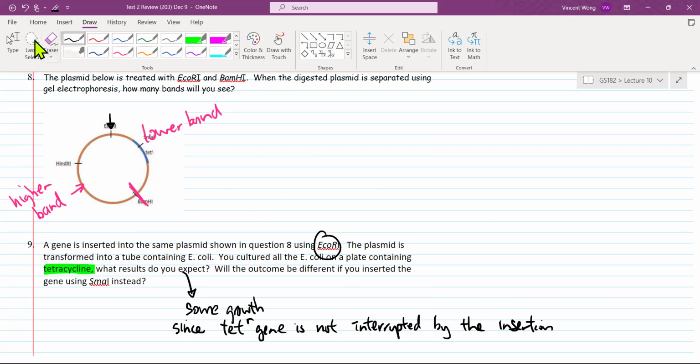However, if you use SmaI, which is right here, that's the restriction enzyme site, what's going to happen? Well, it will be no growth.